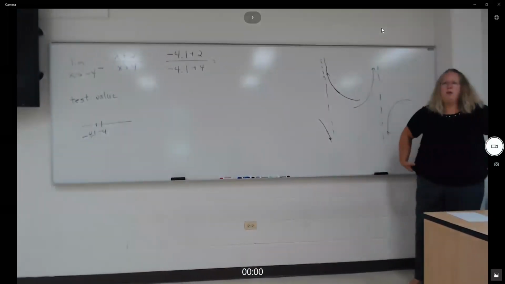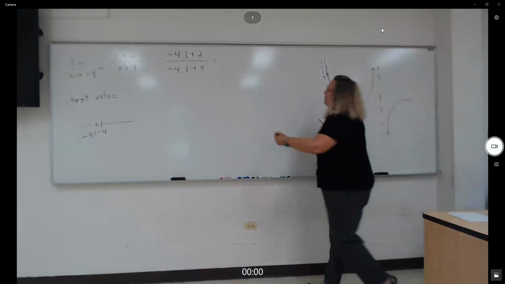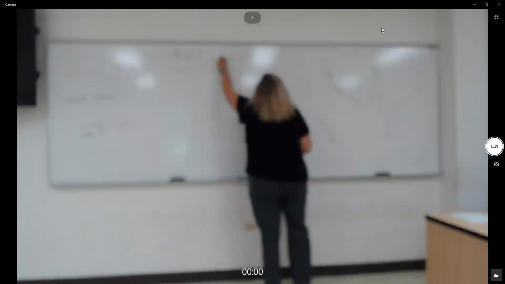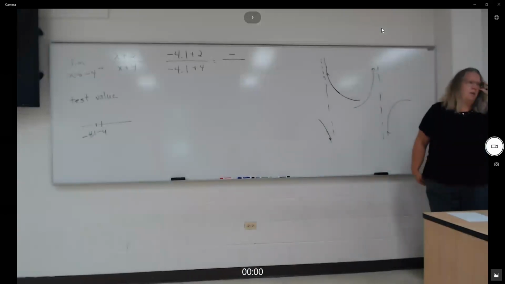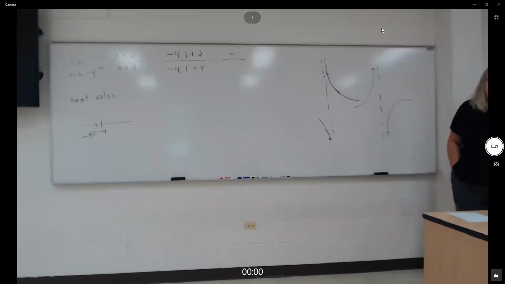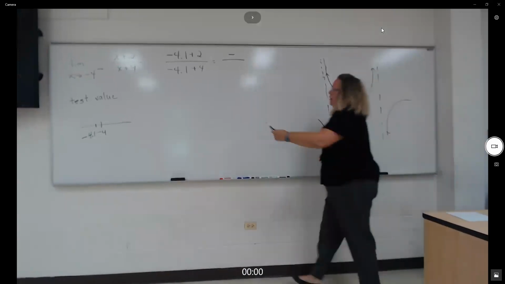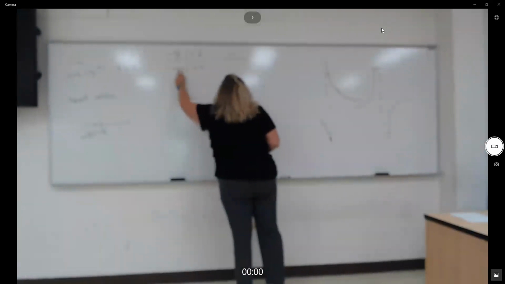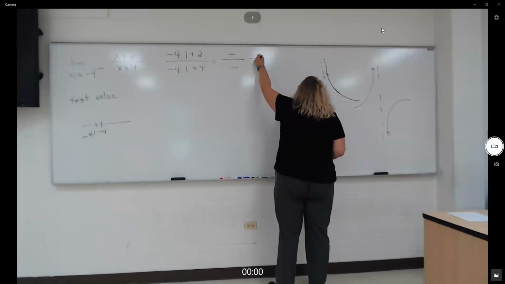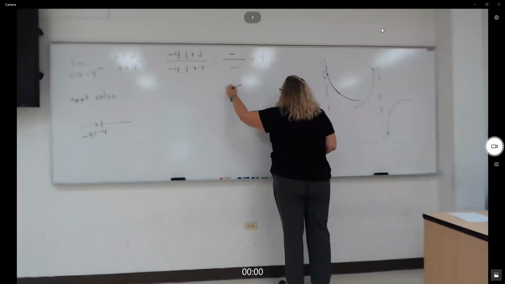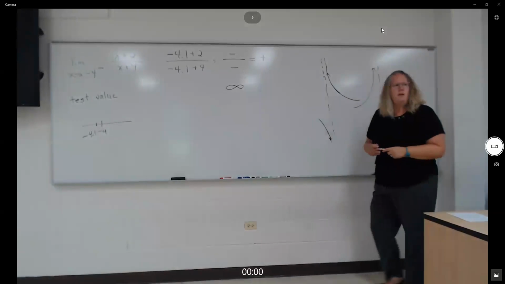The top will be negative. You can do the arithmetic, but the main thing is whether it's positive or negative. The bottom will also be negative, whichever is bigger when you're adding and subtracting. So negative divided by negative is a positive. So I know that it's headed to positive infinity.